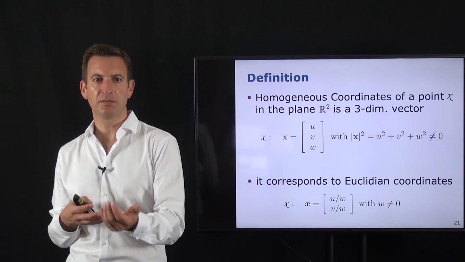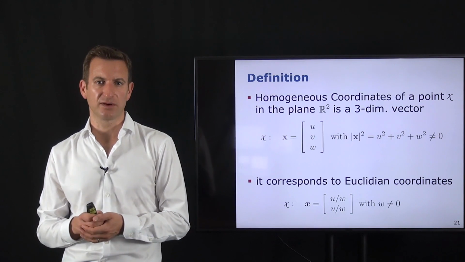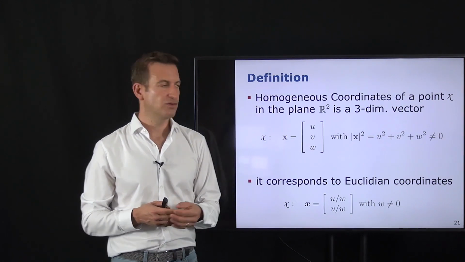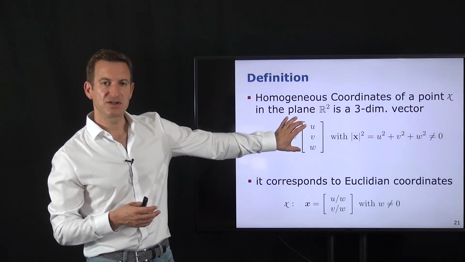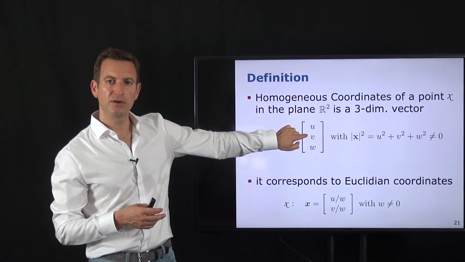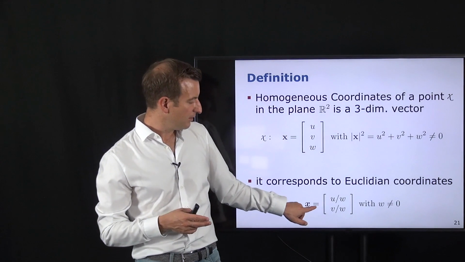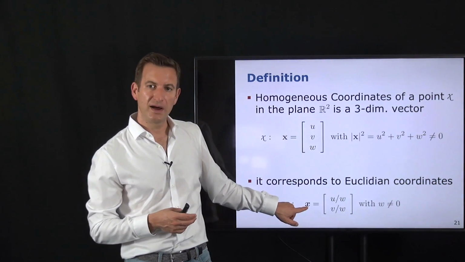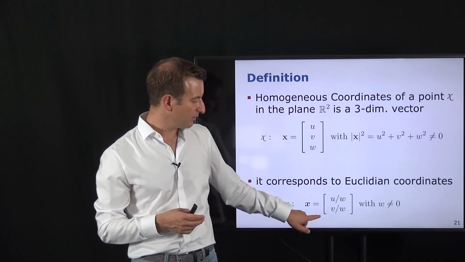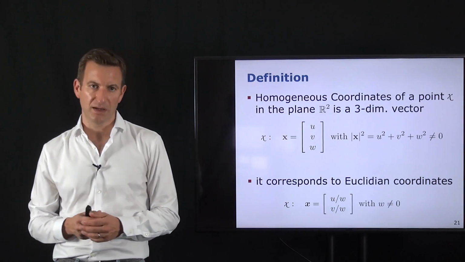And as we said, the point is only defined up to a scale factor, and if we want to turn this point back to the Euclidean world, where we need to get rid of the scale factor again, that means we normalize by the last coordinate. If we have this three-dimensional vector, we take the first two coordinates, copy them over, and divide both of them by w. So if I want to go back to my Euclidean coordinates, the first coordinate gets u divided by w, and the second one v divided by w, where again w must be unequal to 0.